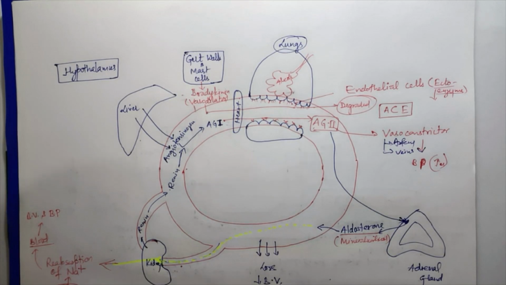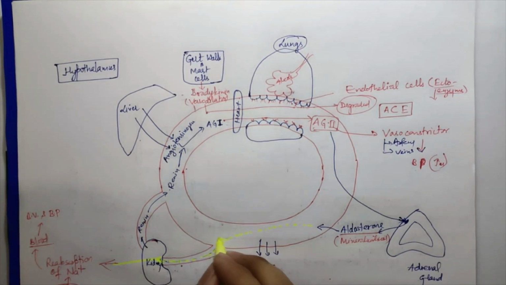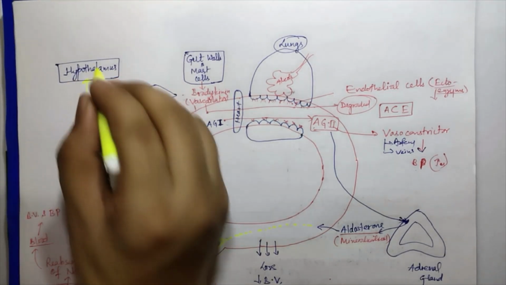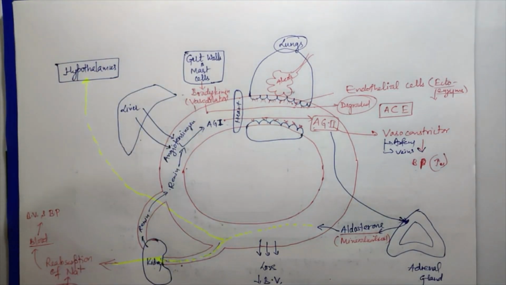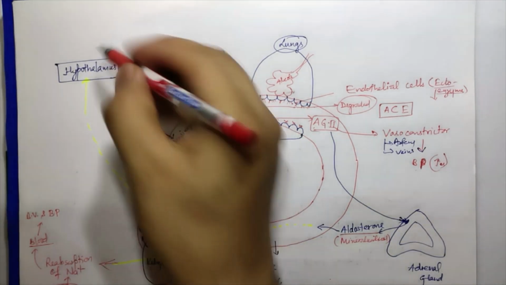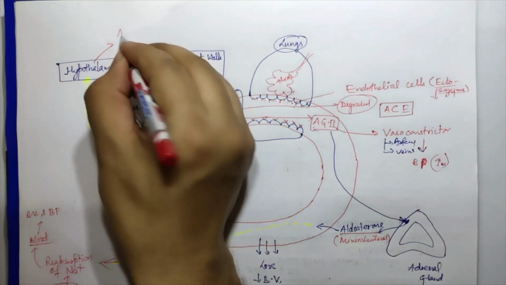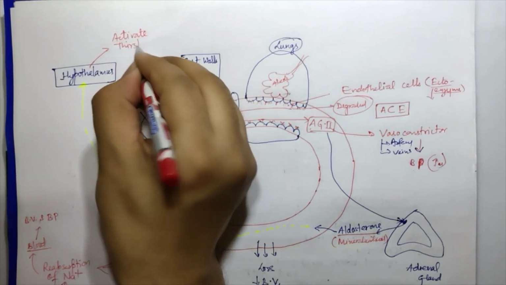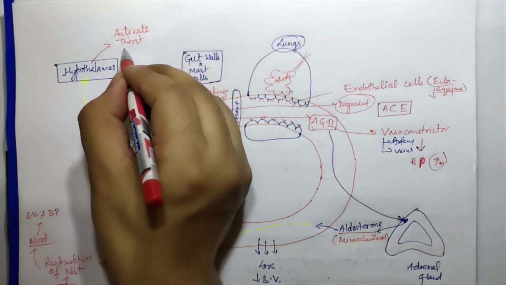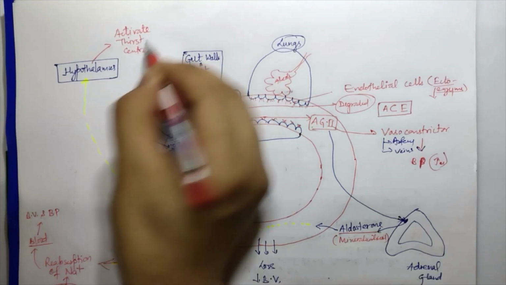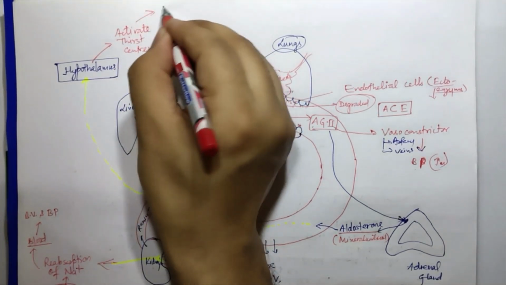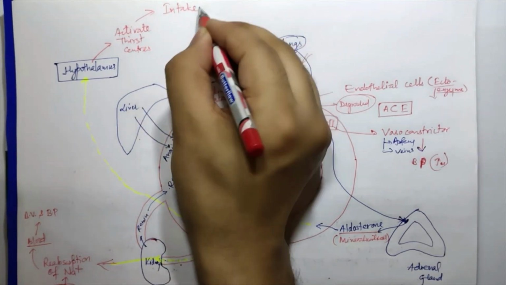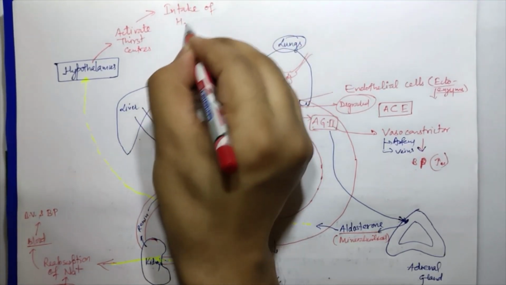But in the meantime, this aldosterone is also carried by blood circulation to the hypothalamus, where first it activates thirst centers and triggers drinking of more and more water, that is, it enhances intake of water.